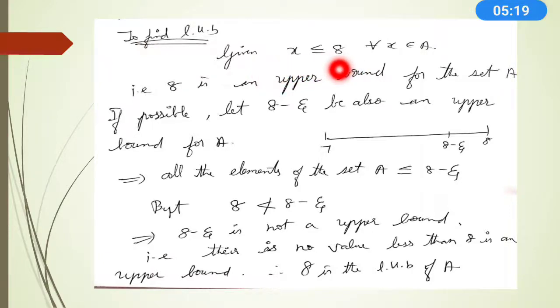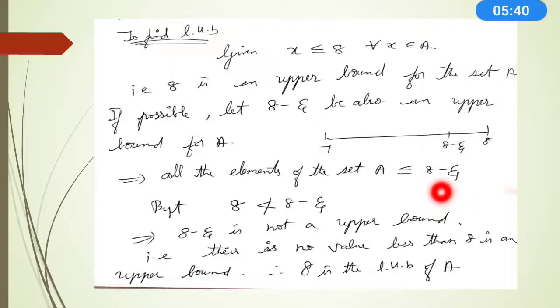If possible, let me take an element less than 8, say 8 minus epsilon, which is also an upper bound of A. Then all the elements of A will be less than or equal to 8 minus epsilon.